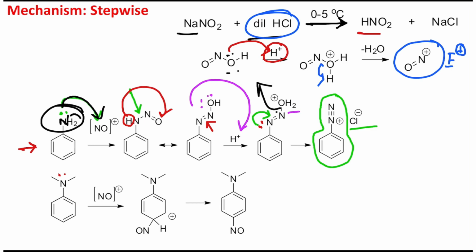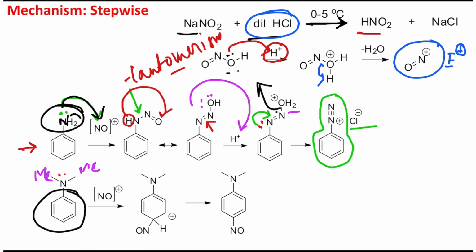And second, this tautomerism here also involves this proton removal. But if this proton is absent, meaning this position is blocked by the methyl group, what happens? This path will not be followed. Second, this nitrogen can attack, but this benzene nucleus can do aromatic electrophilic substitution.